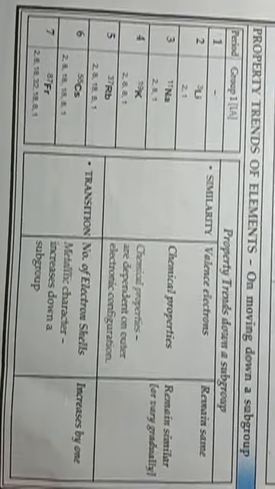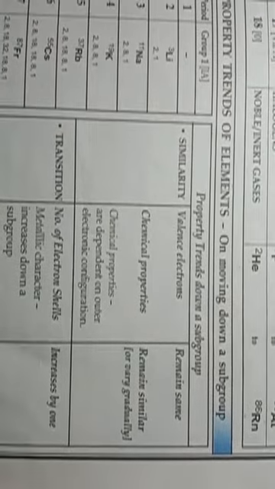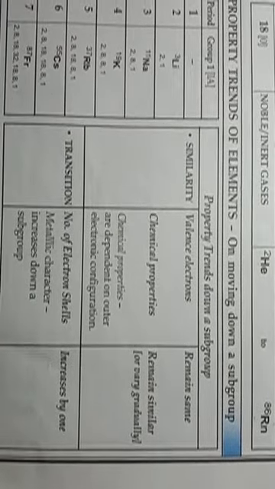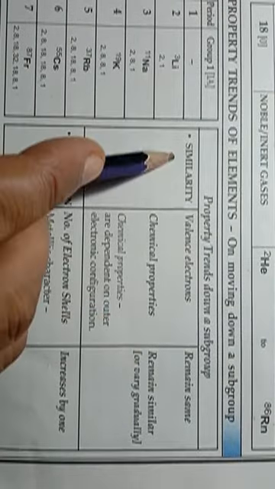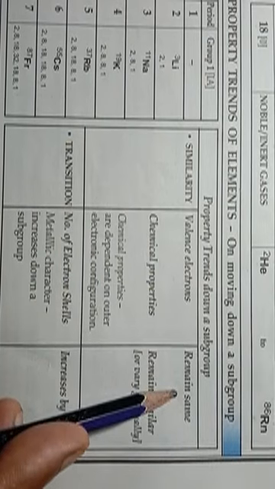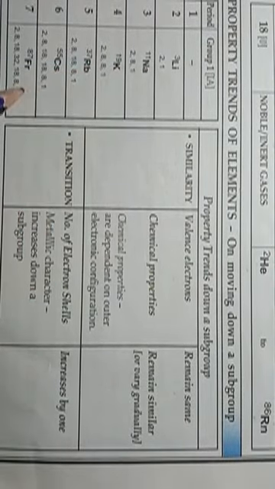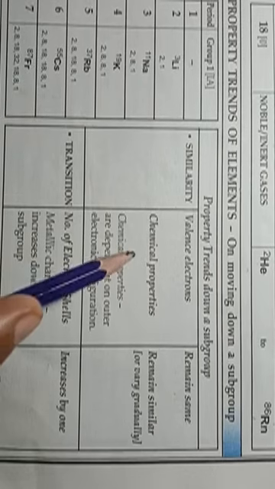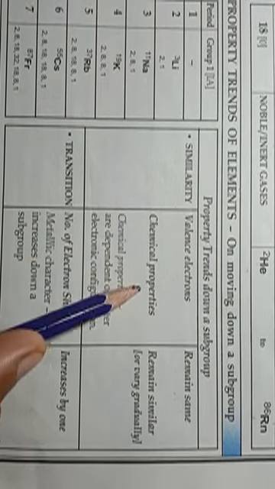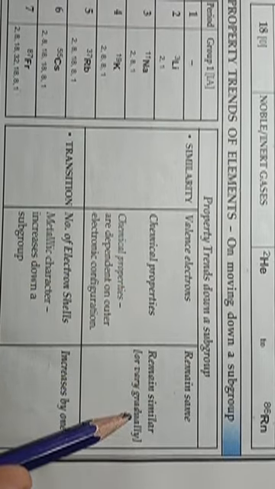Then property trends down a subgroup. First, similarity: valence electrons remain the same. All these elements have one valence electron in their outermost shell. Chemical properties remain similar or vary gradually.